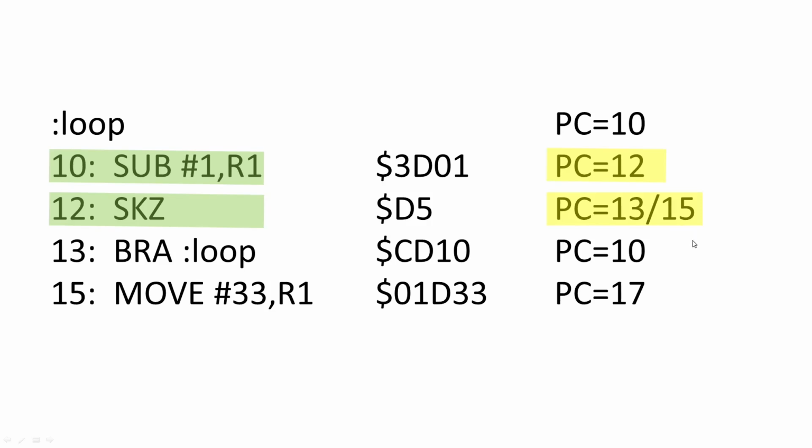So on your next instruction, instead of the program counter pointing at the branch to loop, it now points at the instruction afterwards. But it skips 2 bytes, these 2 bytes here, for the branch. So it's now gone to move, oh no, I'll just pick 33 into R1. Doesn't matter, whatever the next instruction is. And at the end of that, the program counter will be pointing at 17, because that is, oh, I've mistyped that. That 0 shouldn't be there.